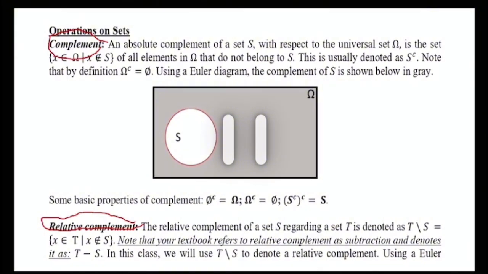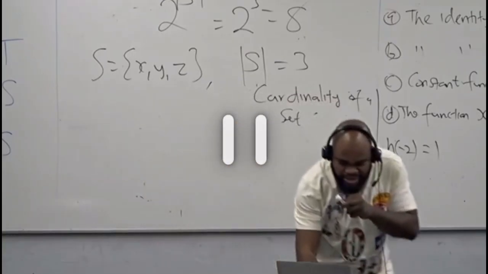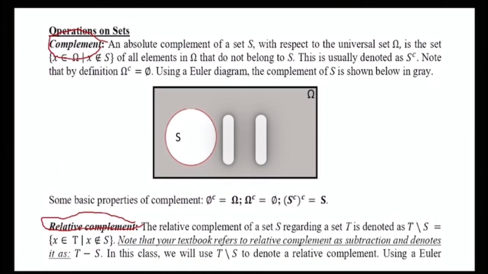The element belongs to this set but does not belong to the other set. Take a look at this notation. It is saying X belongs to T, but X does not belong to X. Maybe I'm referring to those students who attend this class and who do not attend another class. That's what I mean.